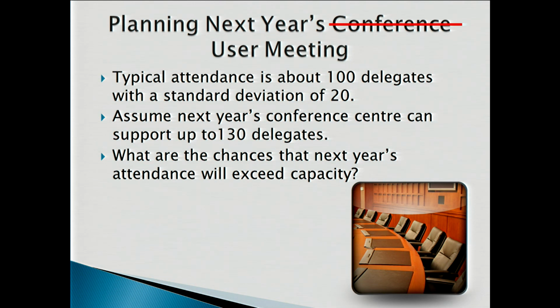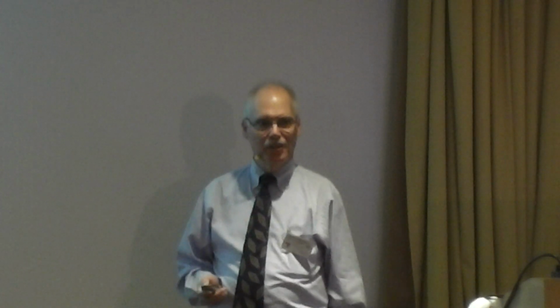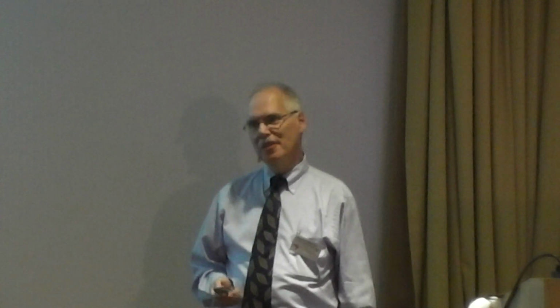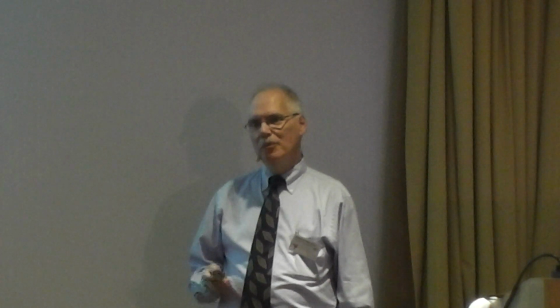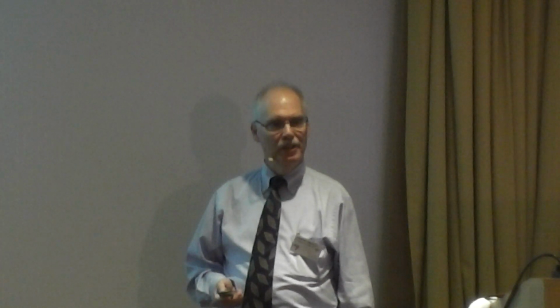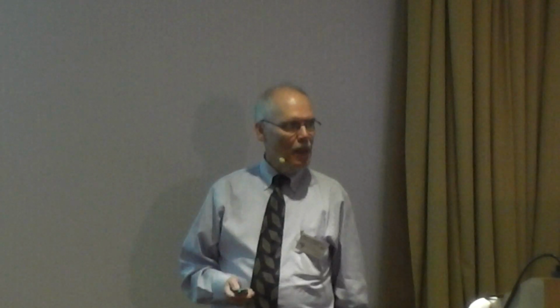I just picked these numbers out of the hat. They're just nice round numbers to work with, for the purpose of an example. Let's assume that next year's conference center can support up to 130 delegates. What are the chances that we will exceed next year's capacity? I want you to think about that. How would we go about doing that using statistics?